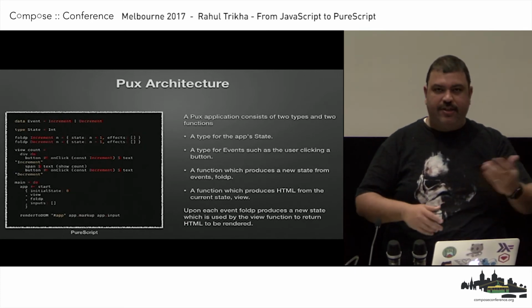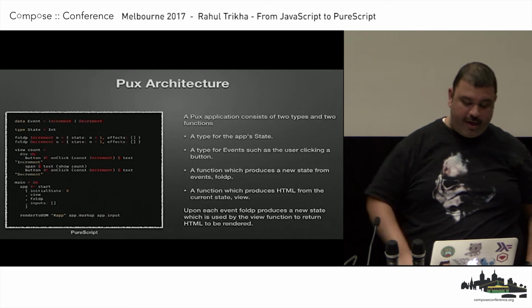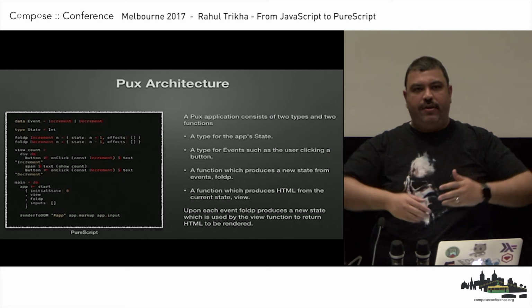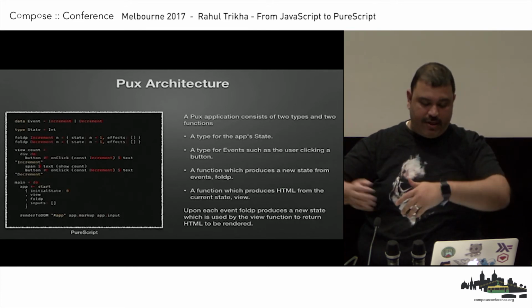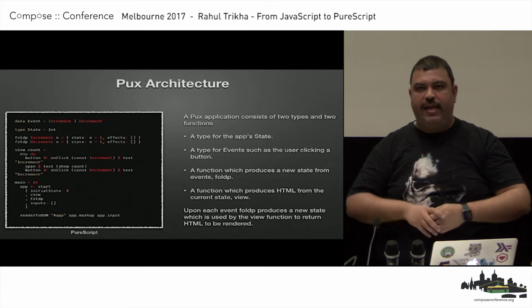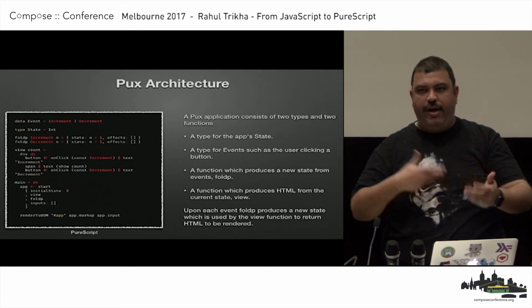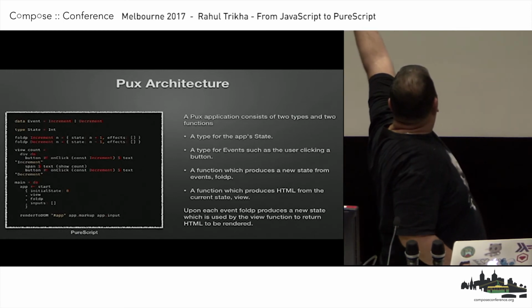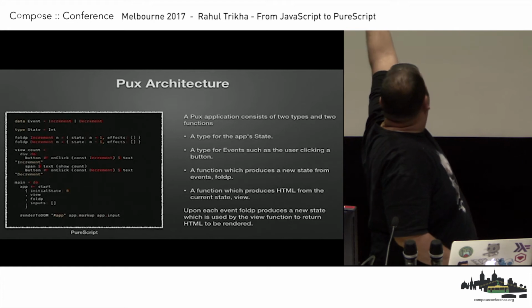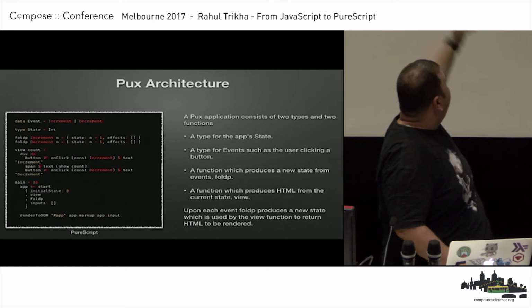In this case, it's a sum type: increment and decrement. Then you have 2 functions. One function renders the view of how you want to represent that state in your browser. The other takes events from that view and does something. In this case, it's foldp, and all it's doing is an increment raising by 1 and a decrement decrementing it by 1.